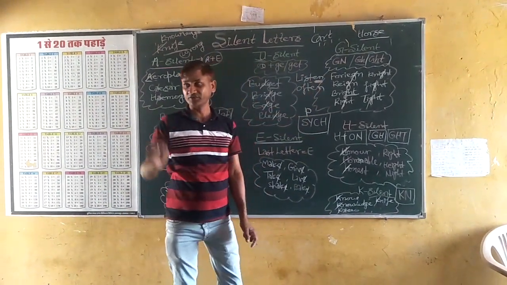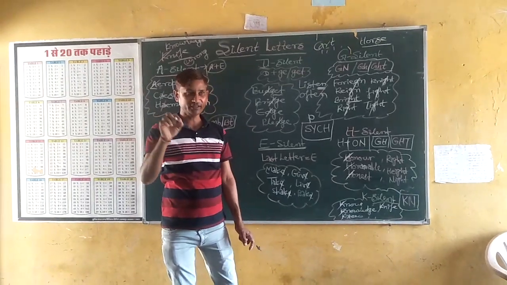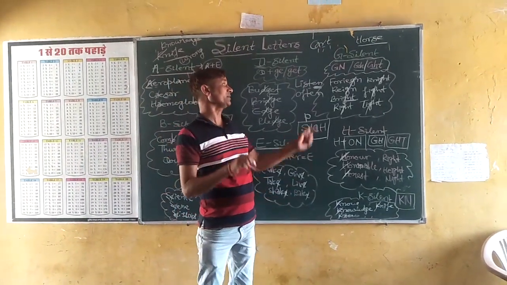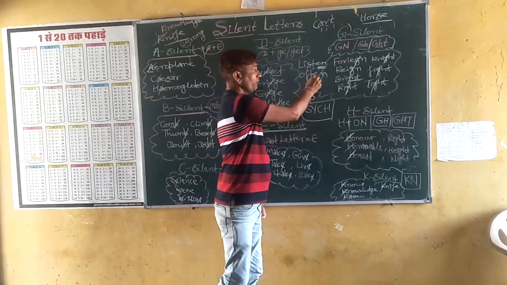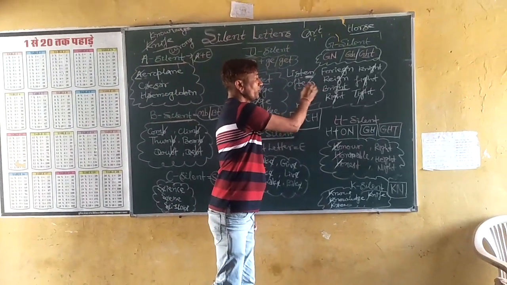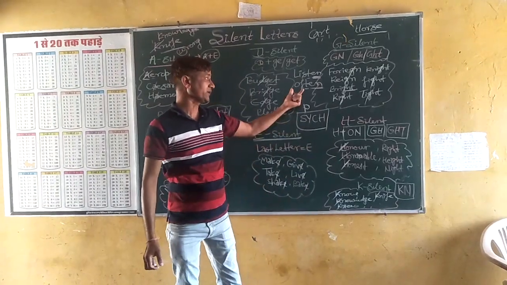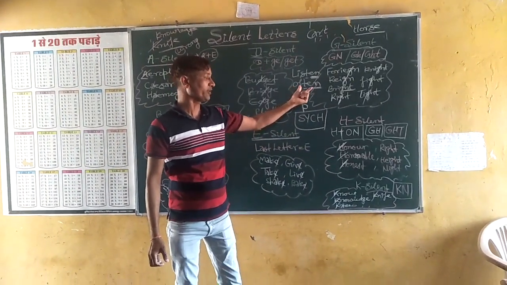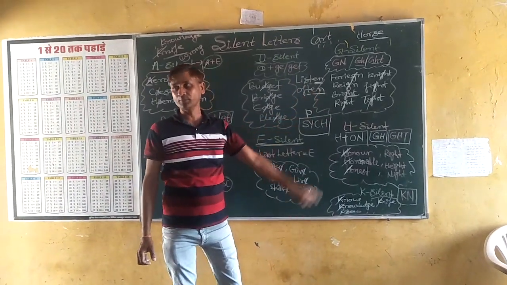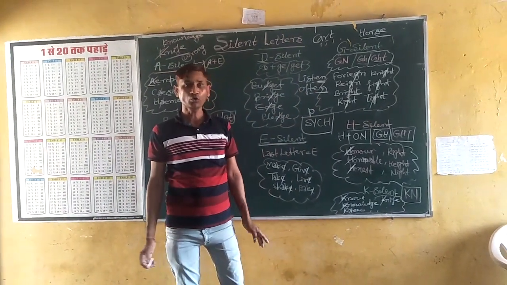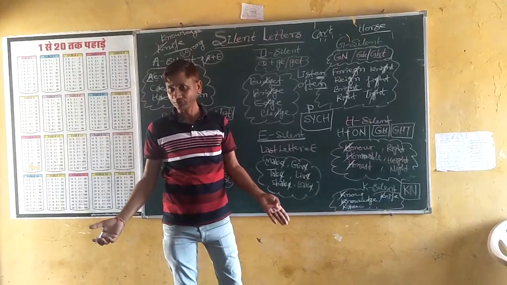When you find letter T before letters EN, then T will be silent. The second example is OFTEN. Here T is before EN. T is silent and the pronunciation will be often. What? Often.